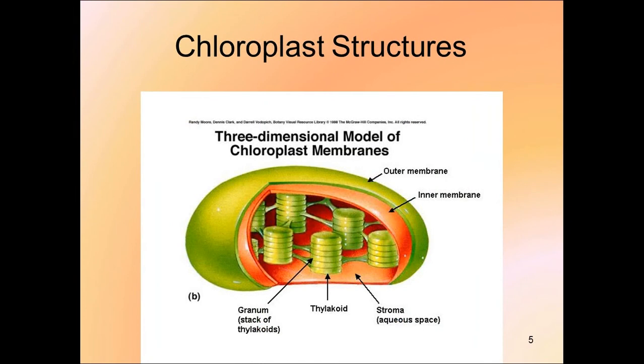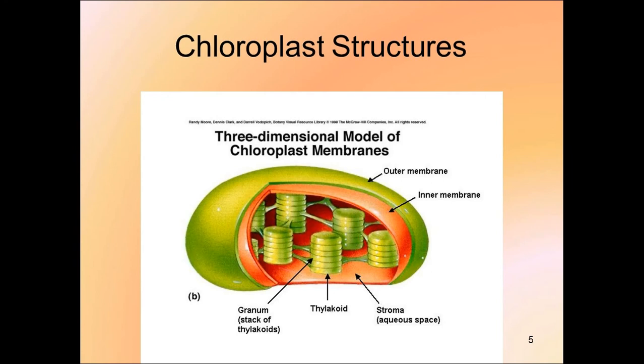This is the structure of a chloroplast: the outer membrane, which all organelles in eukaryotic cells have, and the inner membrane, which is left over from when the chloroplasts were aerobic bacteria millions upon millions of years ago. Remember the endosymbiotic theory. The green stacks in the middle are the thylakoids.